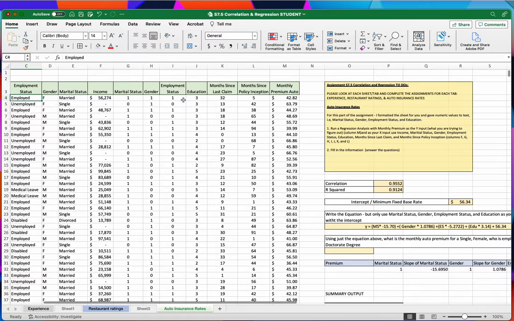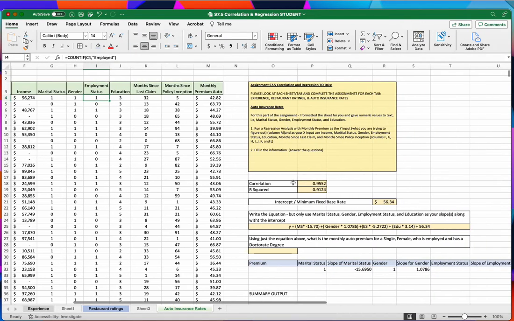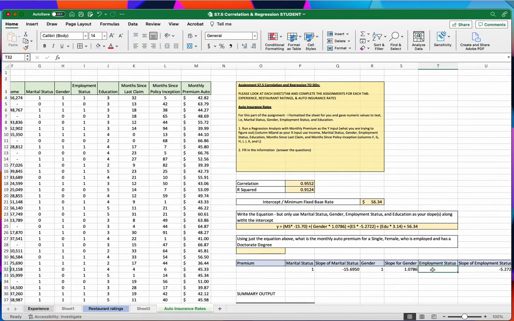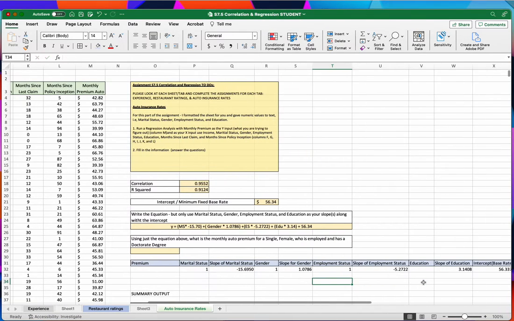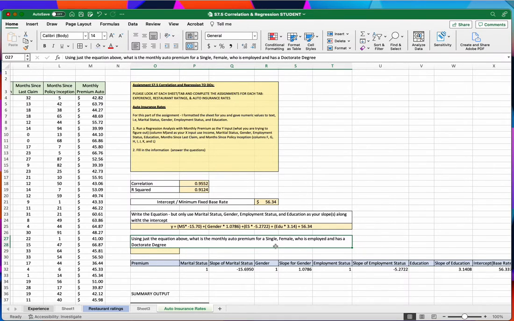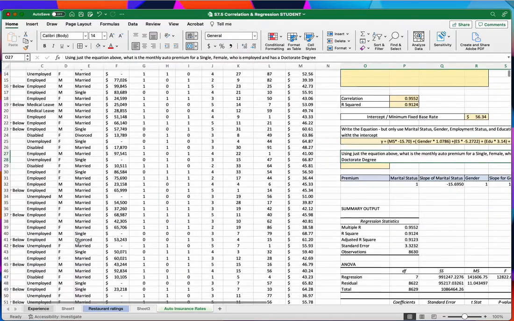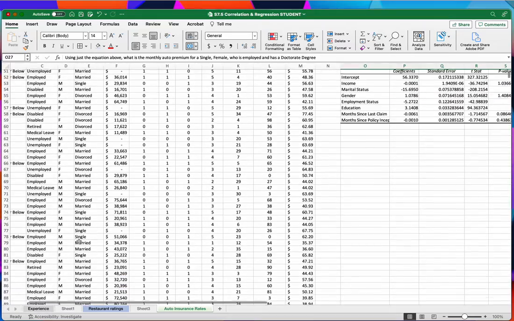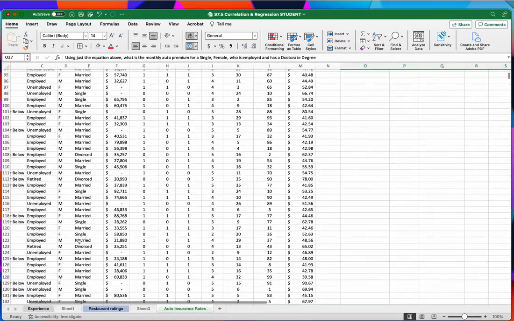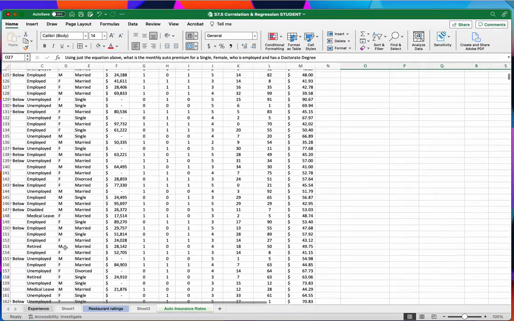So there we have employed is a 1. Okay. And then education, and this is a doctorate degree. So single female who's employed and has a doctorate degree. And you might have to scroll down and find doctorate somewhere in here. I know what it is. It's a 1 because we start at 54321.